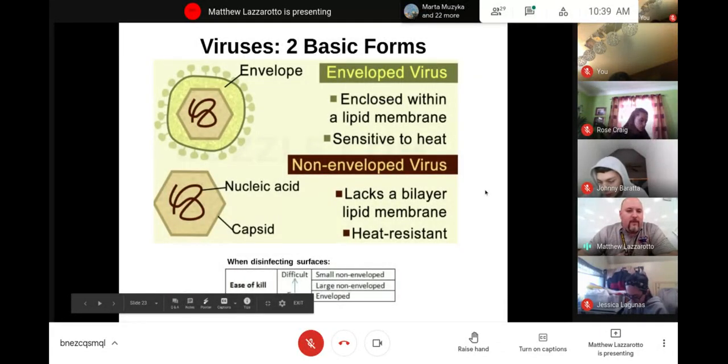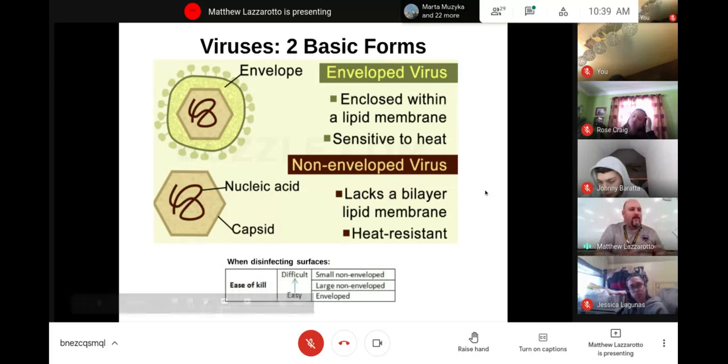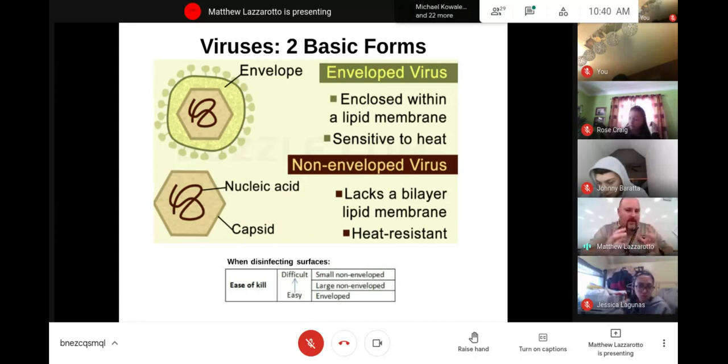So viruses come in two basic forms. There's the enveloped virus that has like this extra coating on the outside, and then there's the non-enveloped virus, which just has the protein capsid and the nucleic acid core. Notice that both versions have a capsid and a nucleic acid core.